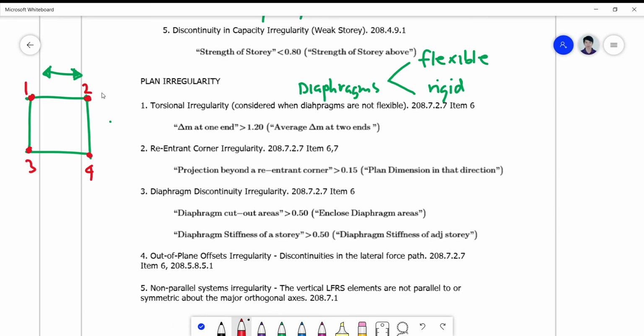So delta 2 must not be greater than 1.20 of the average of delta 2 plus delta 4, divided by 2. So if this is satisfied, then you do not have a torsional irregularity. If this is not satisfied, then you have a torsional irregularity.